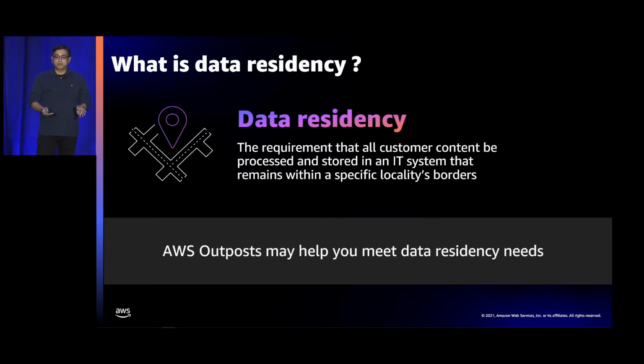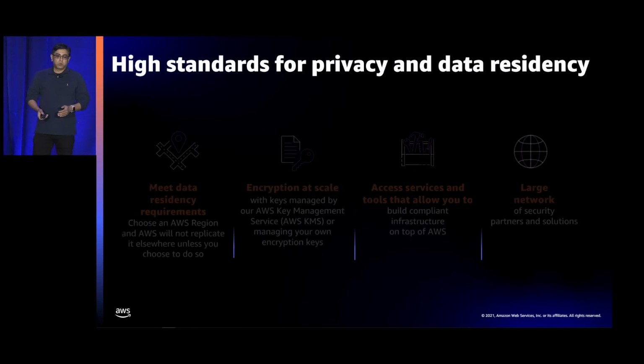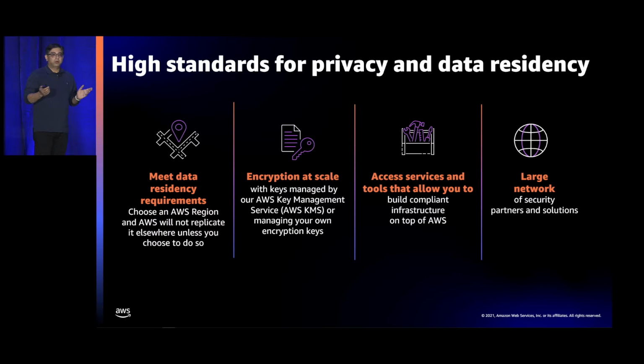data in specific locations. So when you think about these aspects of data residency, before I dive into AWS Outpost, our general mantra at AWS is that if you can use a region for any of your workloads or applications, you should always first consider using a region for that purpose. It provides you more flexibility, elasticity.